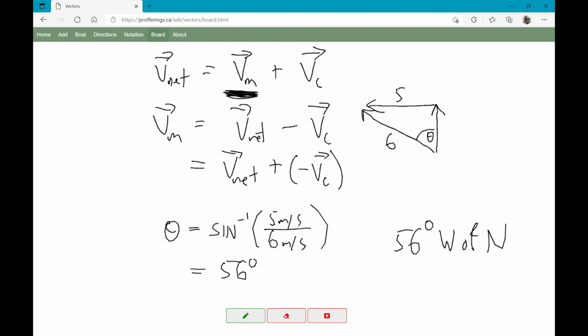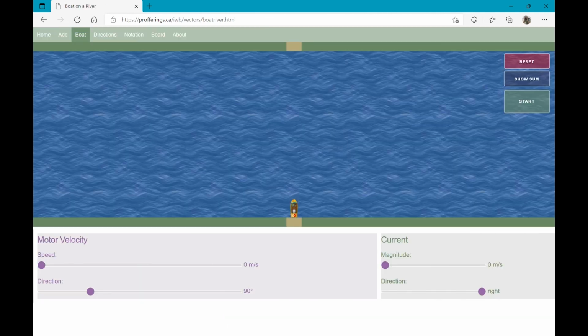Let's see if we're right. So I'm going to give my boat a speed of 6 meters a second in a current that's flowing to the right at 5 meters a second. I need to angle my boat 56 degrees further upstream, which is about there, not quite.